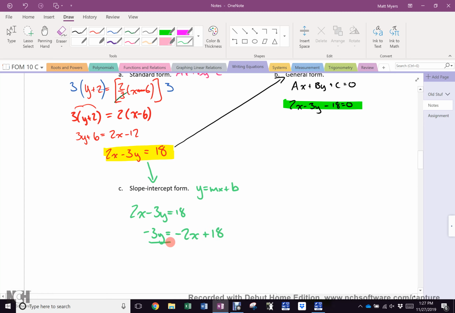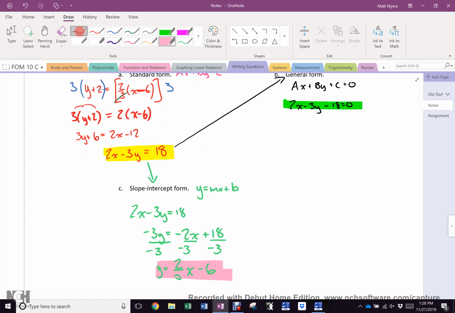Rylan wants to divide by 3. Oh, he's going to do 2 steps at once, you crazy man. So y is going to equal what? 2/3, because 2 negatives make a positive. 2/3 x. Oh, there you go. No problem.